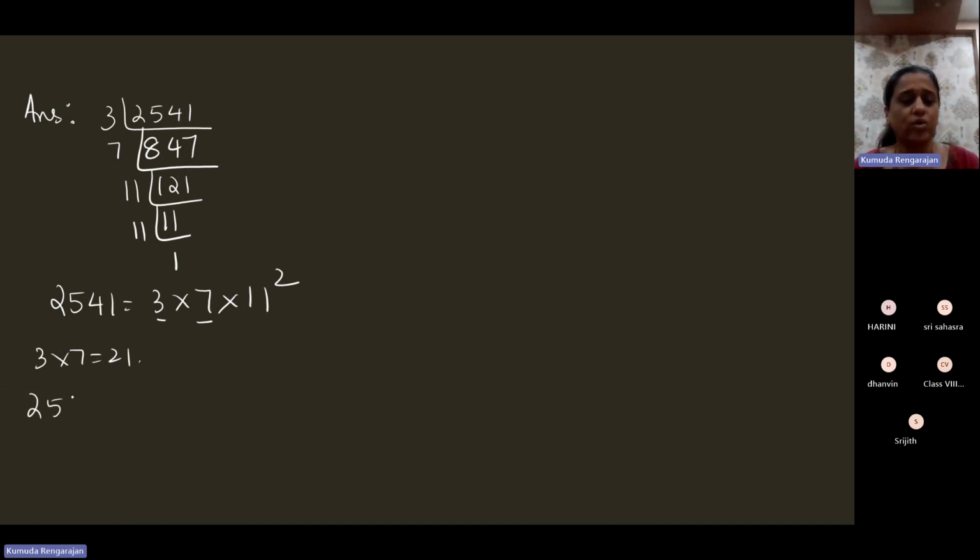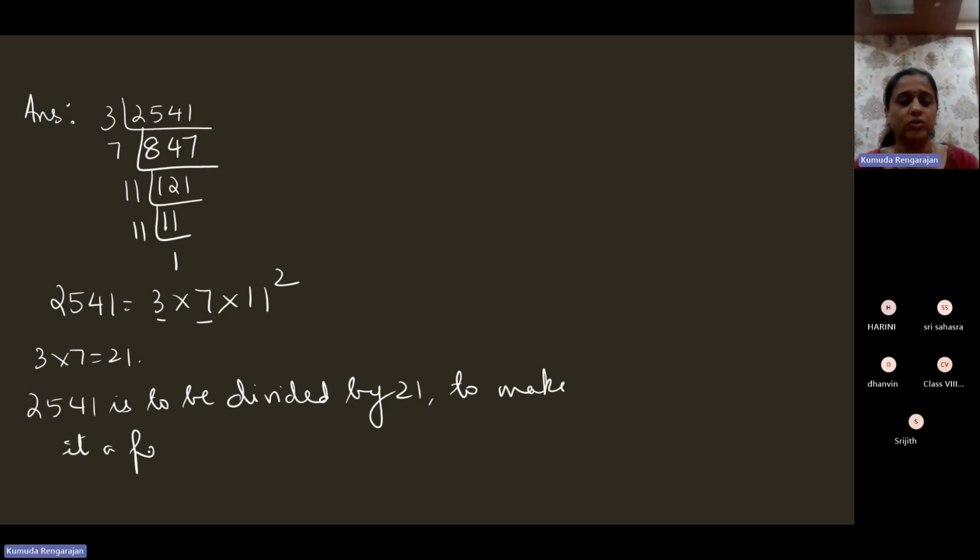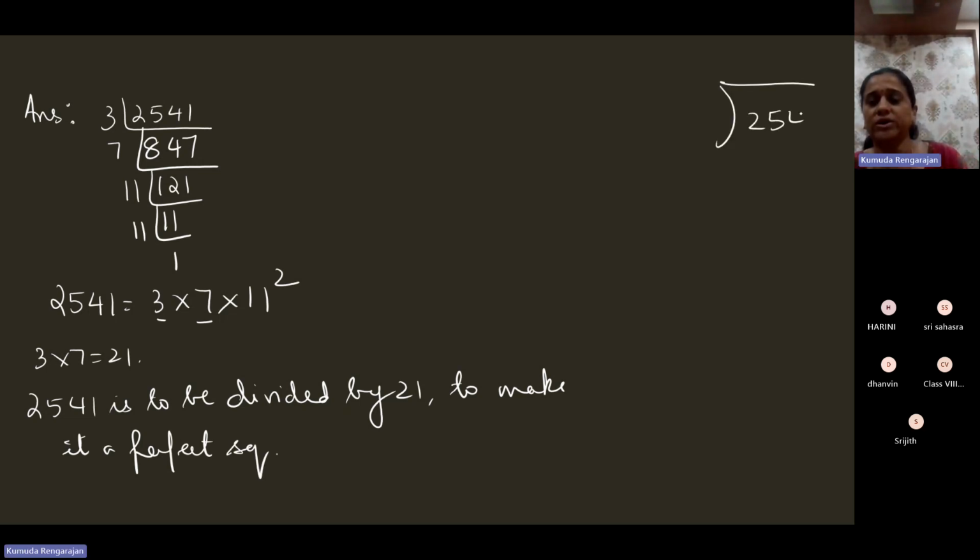So 2541 is to be divided by 21 to make it a perfect square. You can check. Divide 2541 by 21.